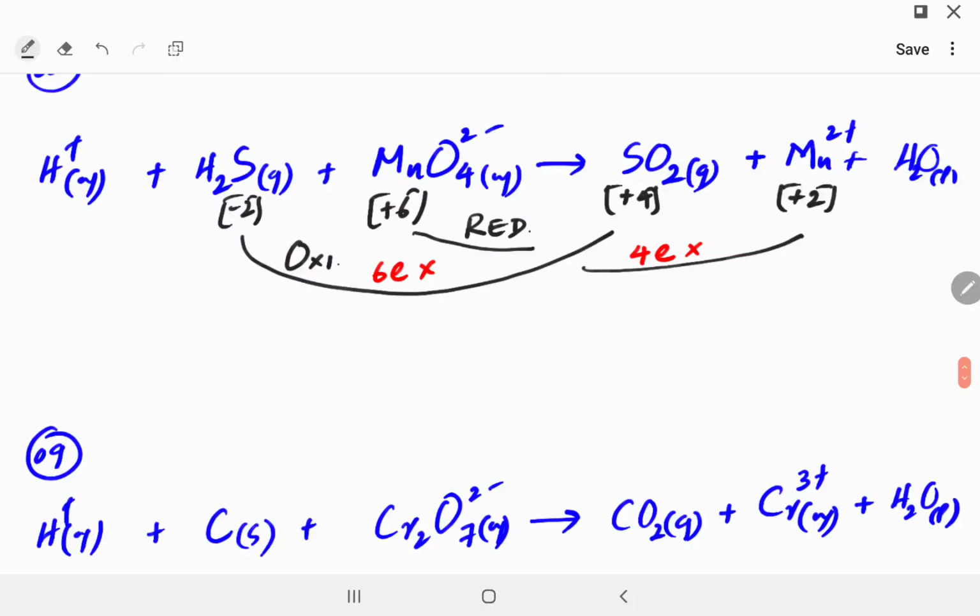The least common multiple for 6 and 4 is going to be 12. So 6 is multiplied by 2, 4 is multiplied by 3. H2S is multiplied by 2, and then SO2 is multiplied by 2. Manganese side is multiplied by 3. So 3 and 3. Now let's balance oxygens.